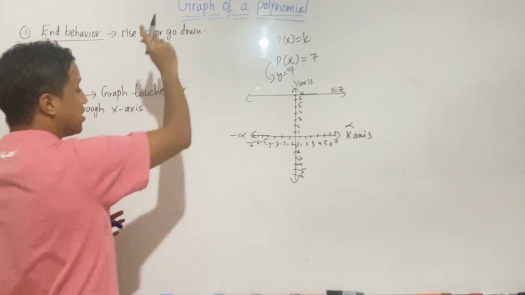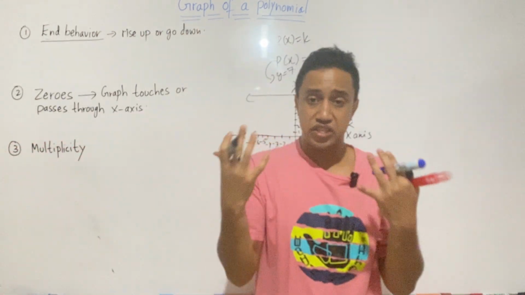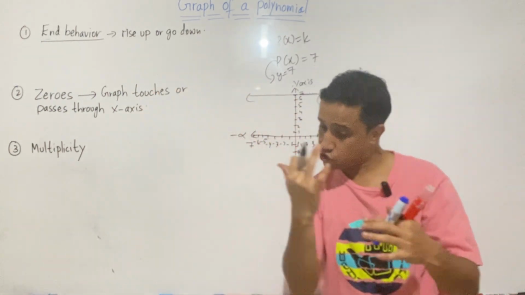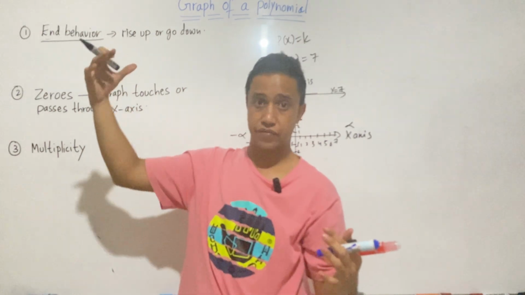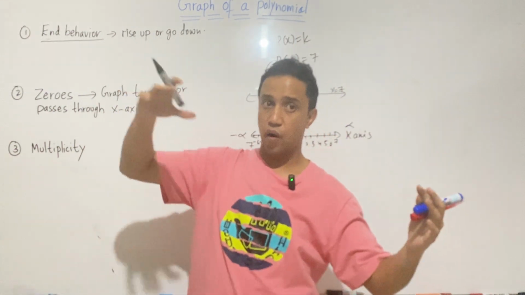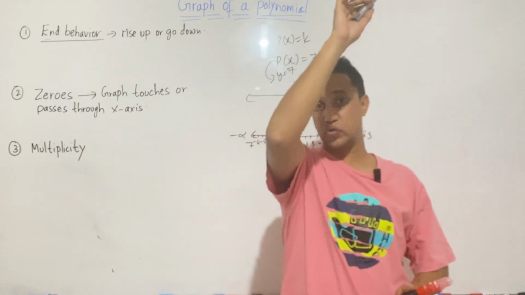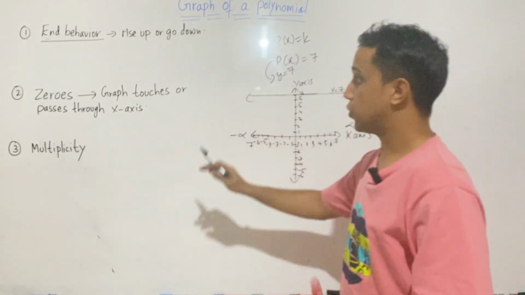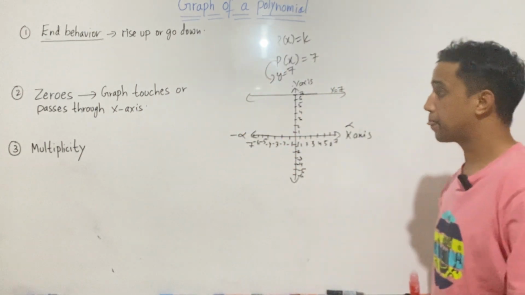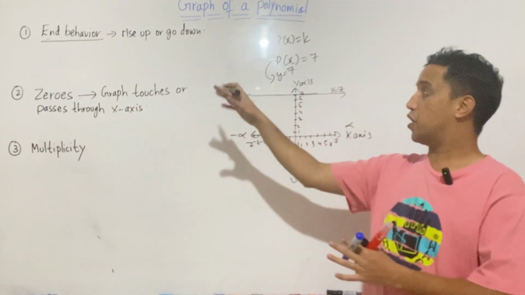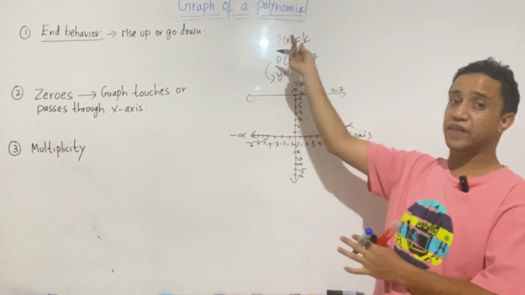It tells us the direction of the curve. What's going to be the behavior of the curve? Is it going to rise up, or is it going to go down? So that is end behavior. We will come to multiplicity when we start with the next type.